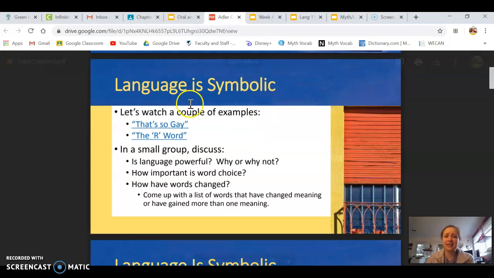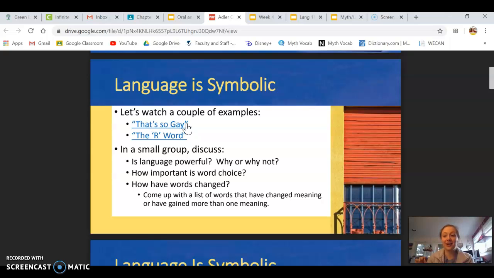And by adding different levels or different meanings to a word, we suddenly can make negative connotations or positive connotations. The first time the word gay was used, it was used for happy. And then we used it as describing something or someone as homosexual.